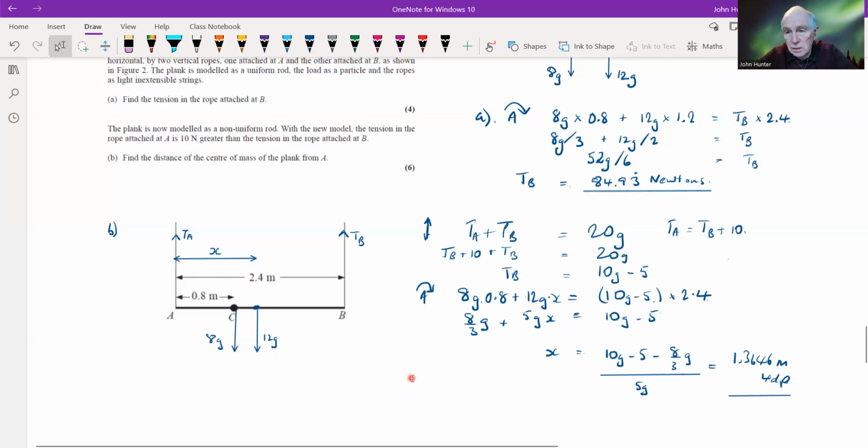As with all these, draw a nice clear diagram. Preferably leave the units off, although in this case the meters was already on when I copied it across, but normally I'd leave the meters off.